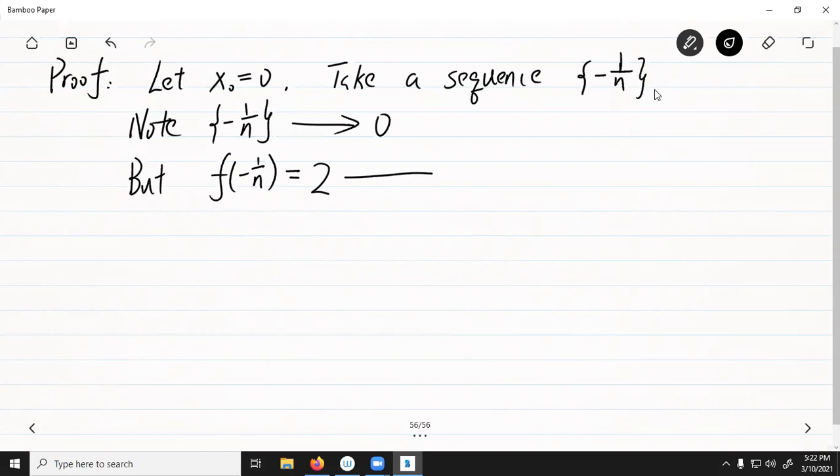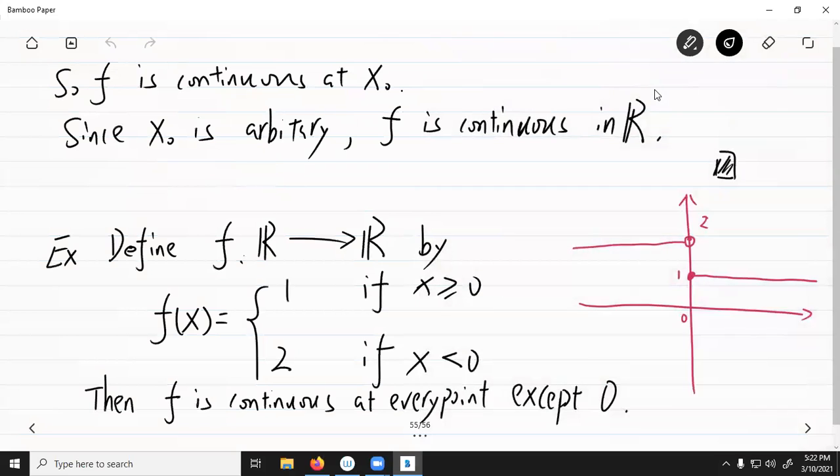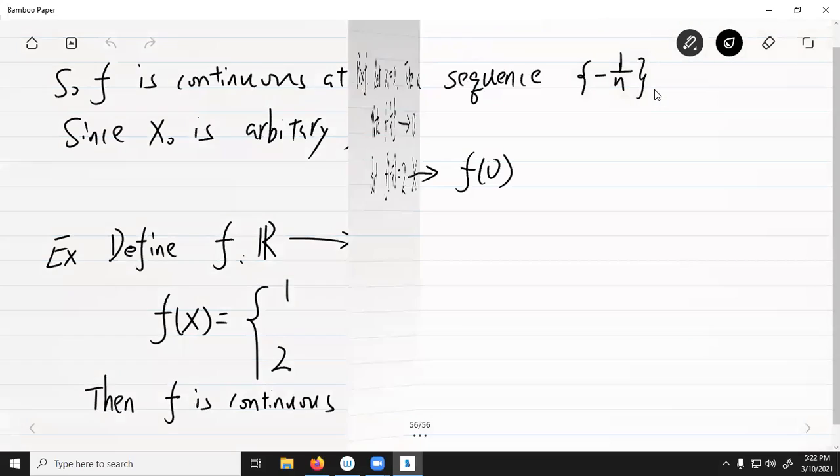So it will not converge to f of 0. What is f of 0? f of 0 from the graph is equal to 1, right? When x equals 0, it's equal to 1.